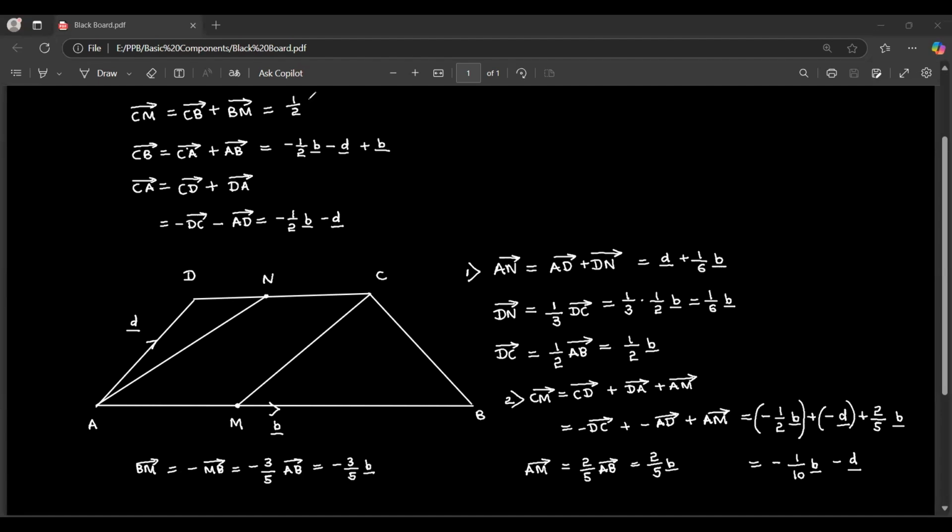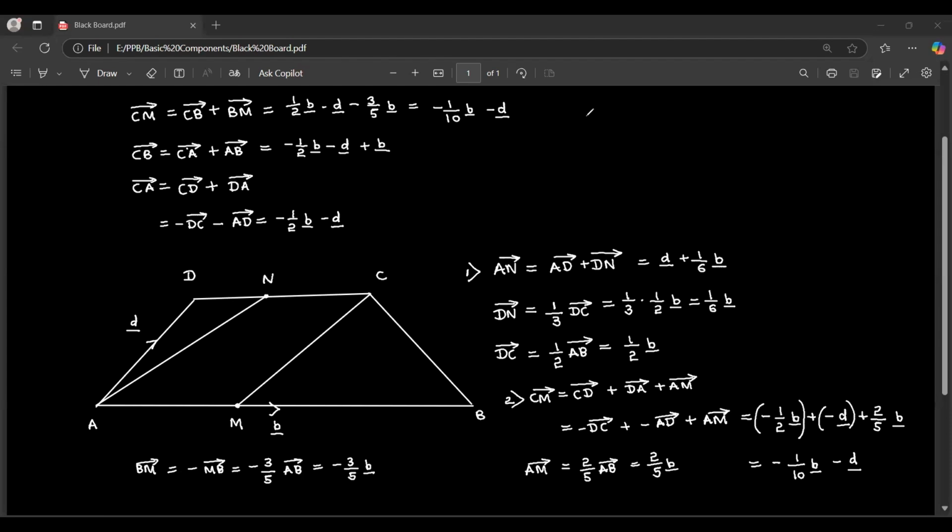So it will be minus half B minus D and plus BM, which is minus MB, which is minus 3 over 5 B. And this will give us minus 1 over 10 B minus D. So in both ways, you will be getting the same answer.